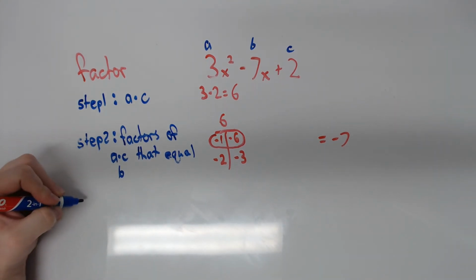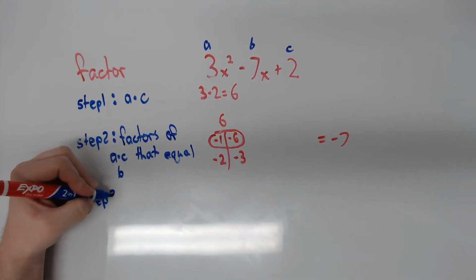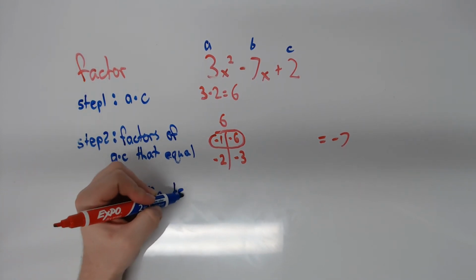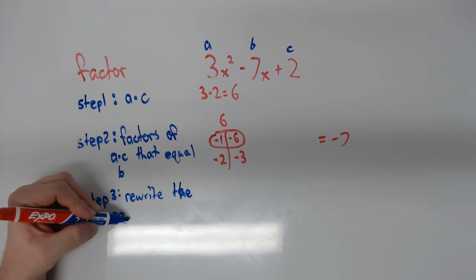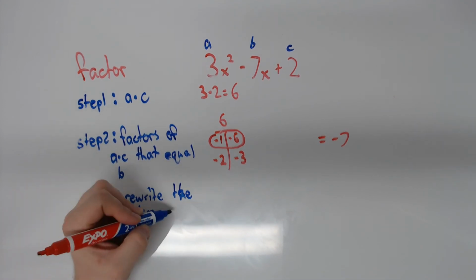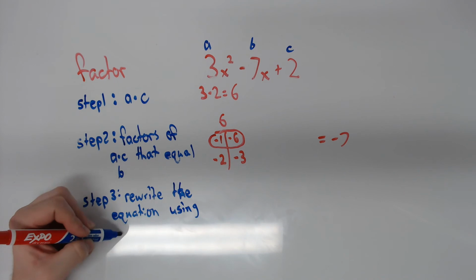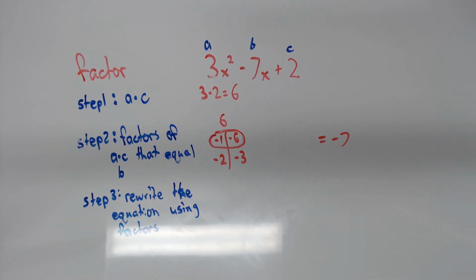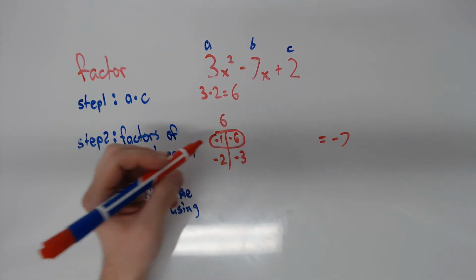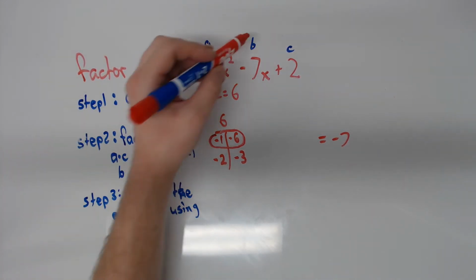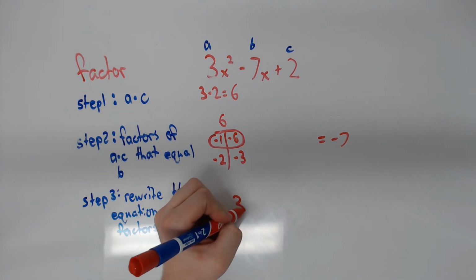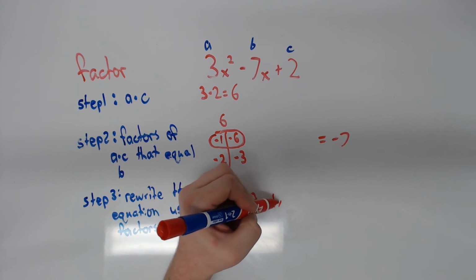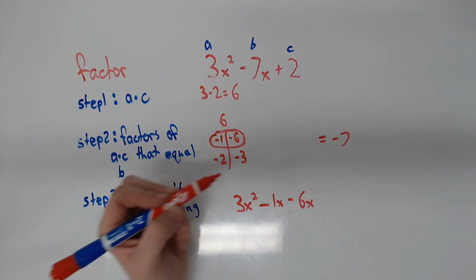Step 3 is to rewrite the equation using the factors. What does that look like? -1 and -6 are going to make up our B term now. 3x squared minus 1x minus 6x.